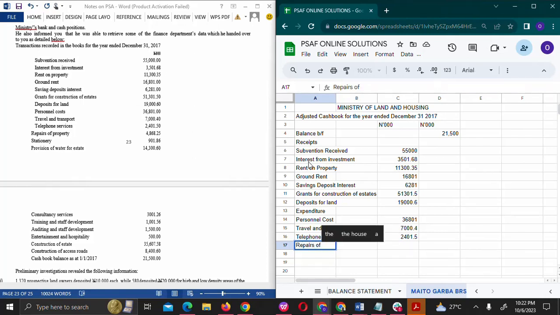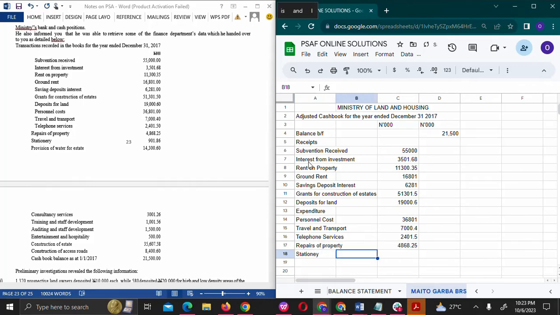Repairs of property, 4,868.25. Then we have stationery, 901.86.